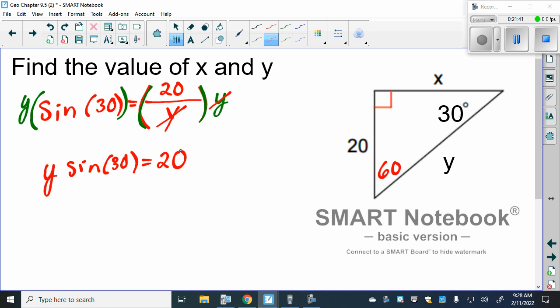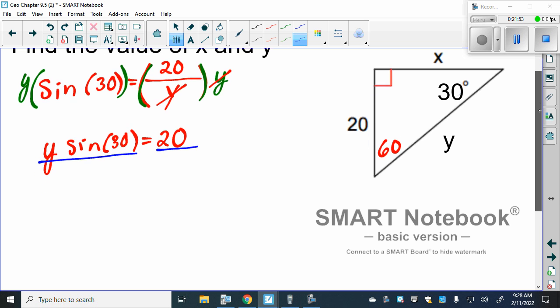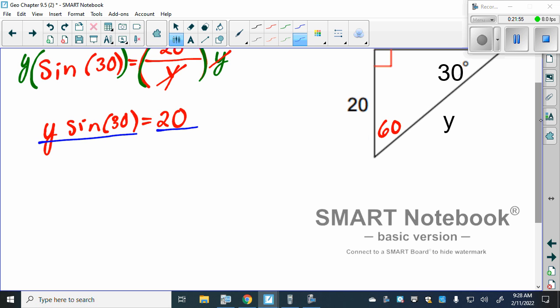Now, is y by itself? So how can I get it by itself? Is 20 and y, are they next to each other? So what's connected with the y right now? Sine of 30.